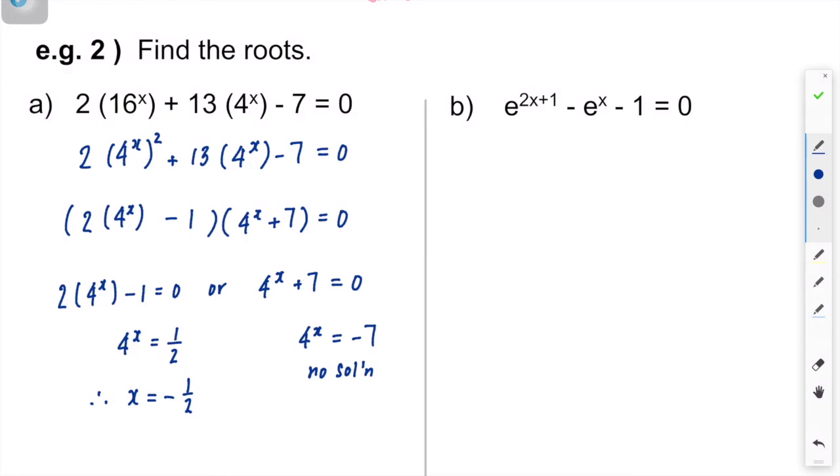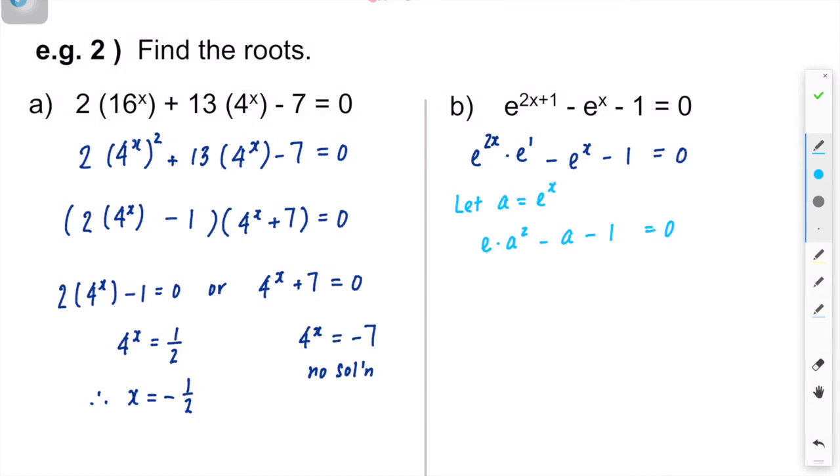If we think backwards, this is like multiplying e to the power of 2x times e to the power of 1 based on exponent laws. Does it make it better? If it still doesn't, then I'm going to let a equal e to the x. So that here I have e as a coefficient times a squared minus a minus 1 equals 0.